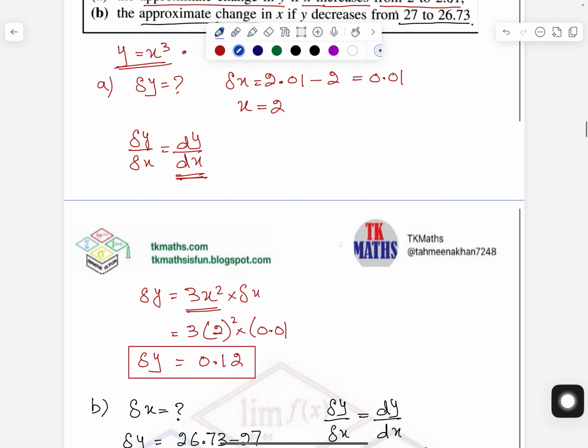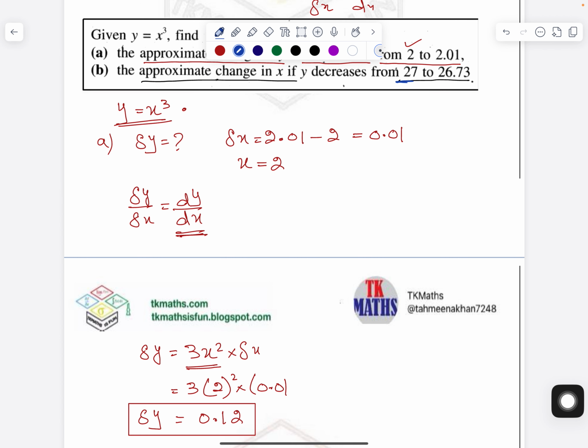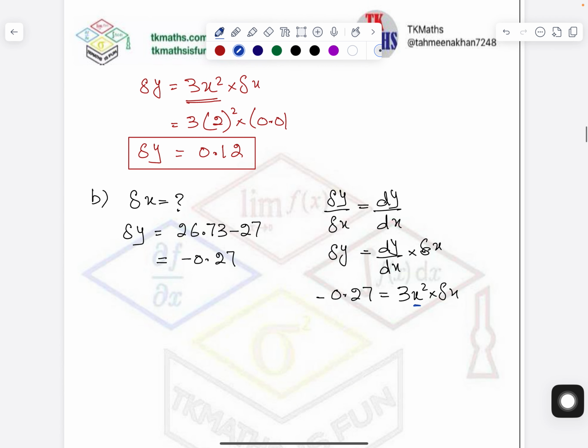Like I said, the change started happening when y was 27. So I will see what was the corresponding value of x at that point. I will take the equation y is equal to x cubed and y is 27. So what will your x be? 3. You will take the cube root on both sides.